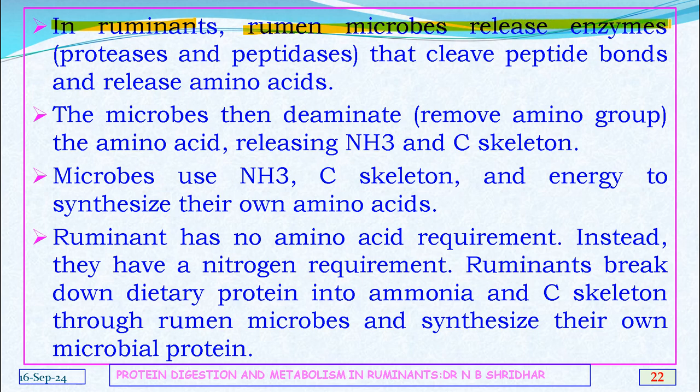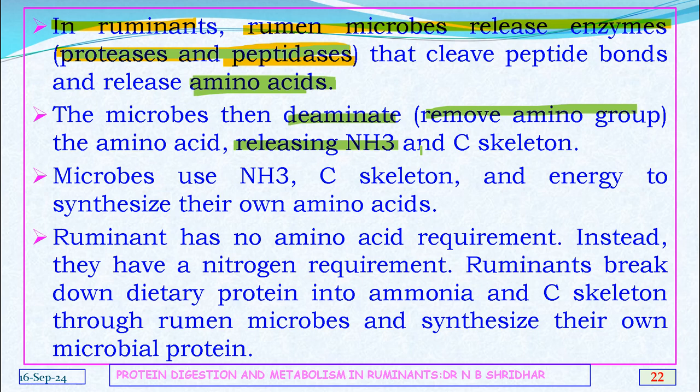Ruminant microbes, the ruminal microflora, release different enzymes like proteases and peptidases that cleave peptide bonds and release amino acids directly. Then the microbes deaminate, removing the amino group from the amino acids, releasing ammonia and the carbon skeleton.